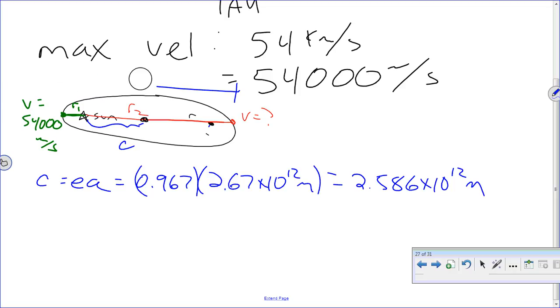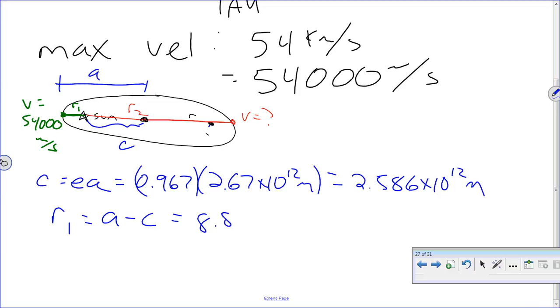I'm overcomplicating this, aren't I? Let's just go with A. Call this guy A. And then I can find this little bit here, right? So R1 is A minus C, right? Everybody agree with that? Okay, so that gives us 2.67 times 10 to the 12 minus 2.586 times 10 to the 12, which gives us 8.8 times 10 to the 10th meters.